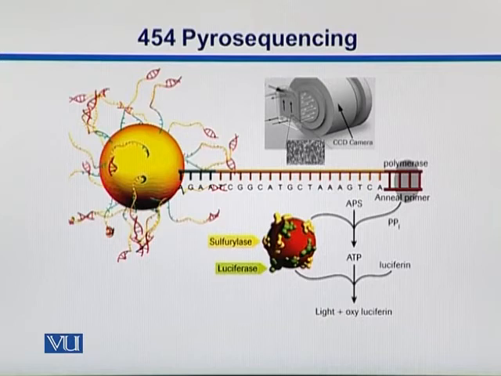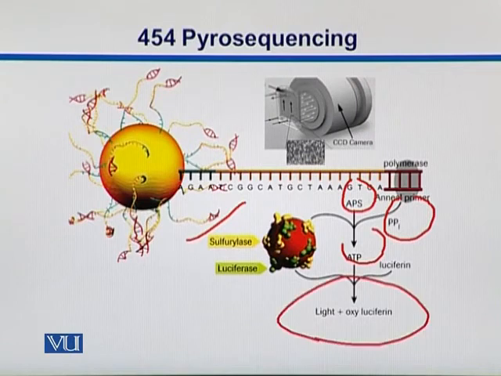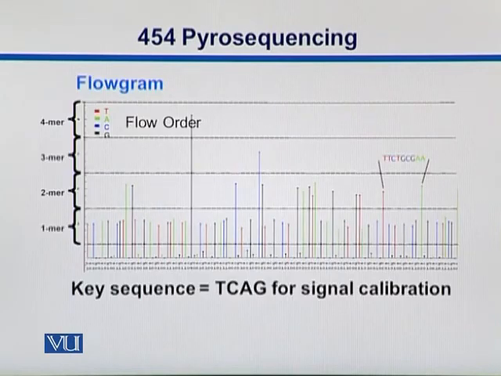Whenever a nucleotide gets incorporated, a pyrophosphate molecule is released, and this pyrophosphate interacts with the molecule APS and forms ATP with the help of the enzyme sulfurylase. This ATP then interacts with luciferin in the presence of luciferase, and it gives us a light signal, which is right here.